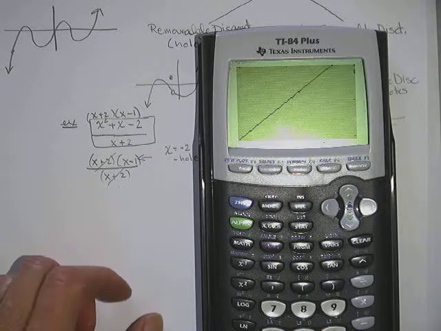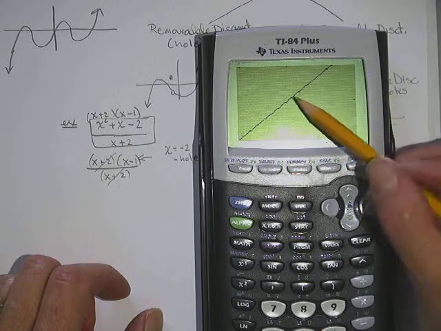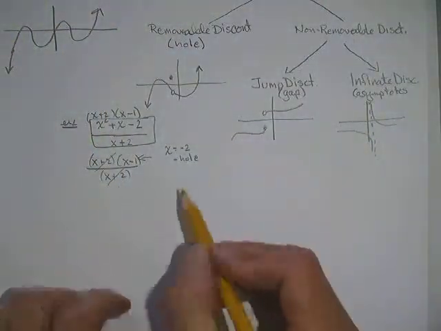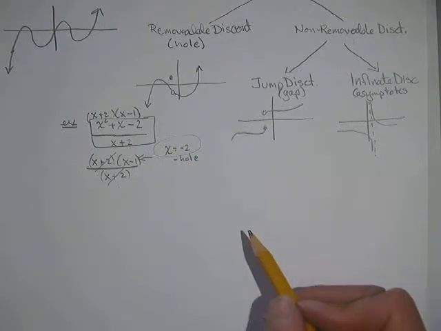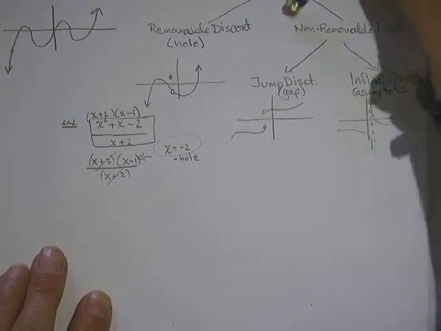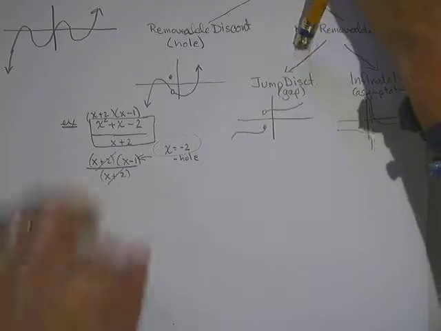Mode. There's connected. I see it right now. No, it wouldn't be in connected, it'd be in dot. I don't see it. You're lying. All right, I did it last night and there's a gap, but we're not going to worry about it right now. You can see it, but know that that's where there's a hole at x equals negative 2.